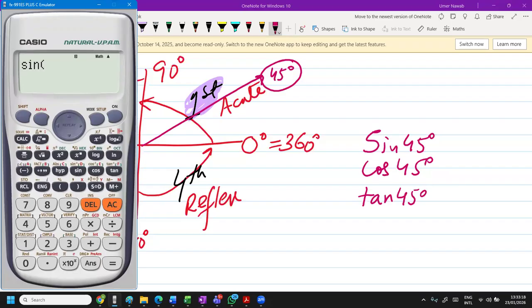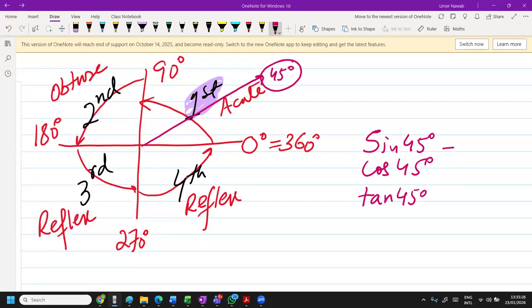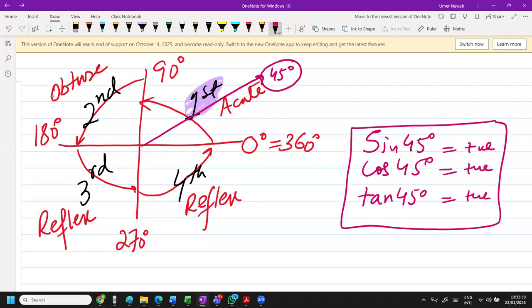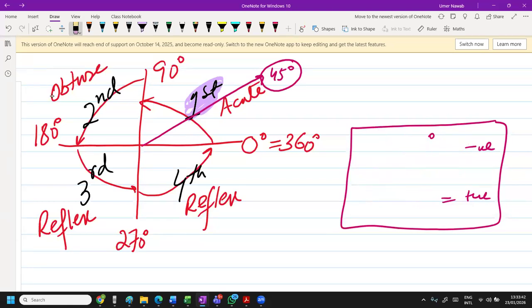If I take sine of 45, I just check whether my answer is positive or negative. The answer is positive, 0.707. The same thing happens when I write cosine of 45, it gives me positive, and tan of 45 gives me positive. So all the trigonometric functions are giving you a positive answer.